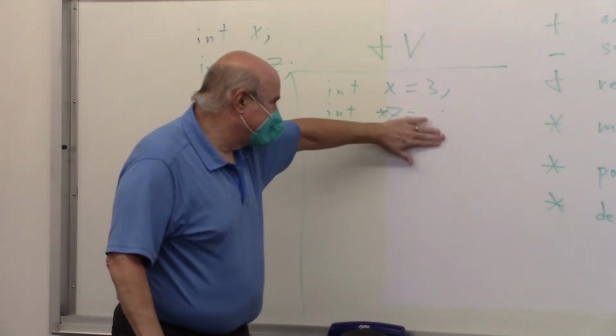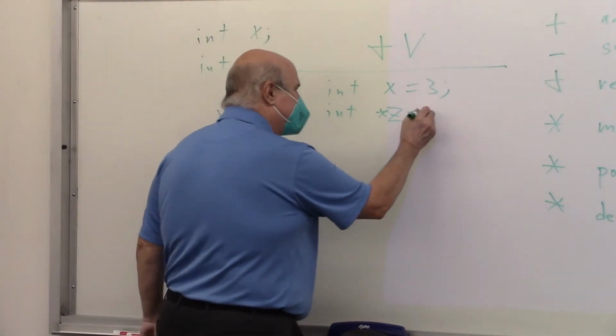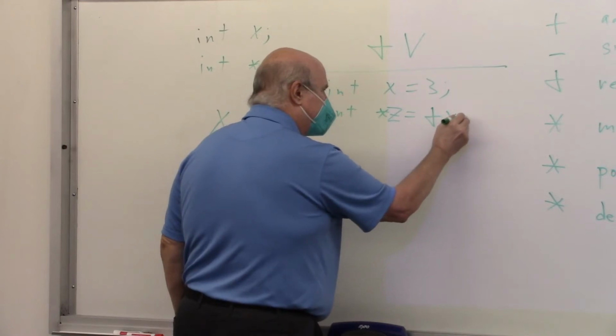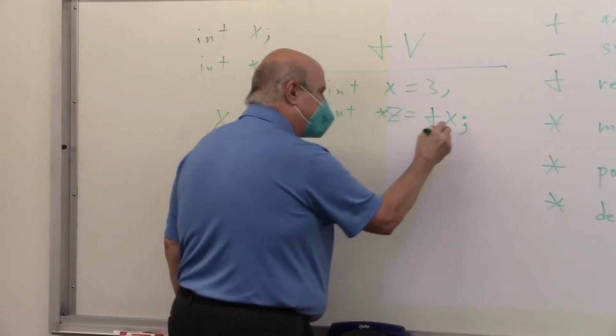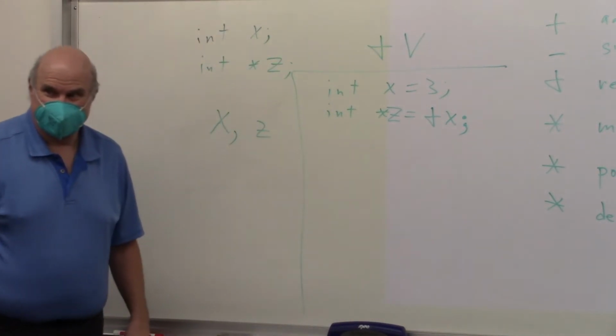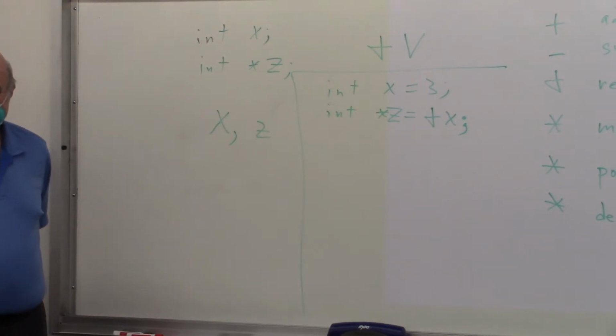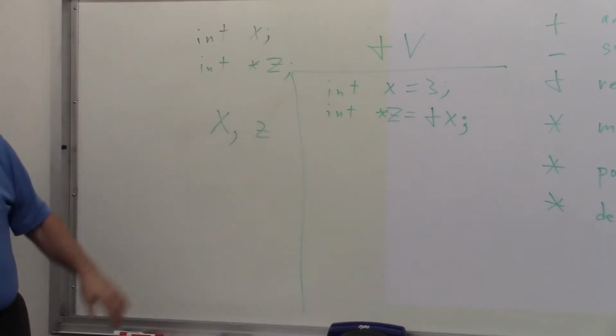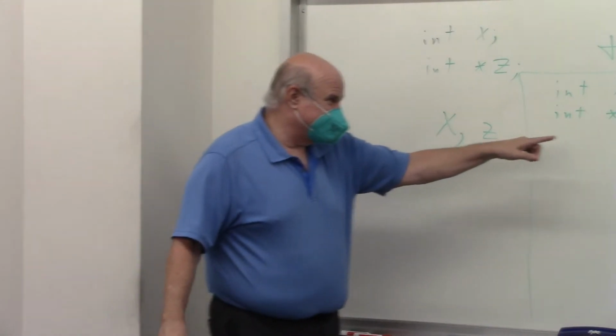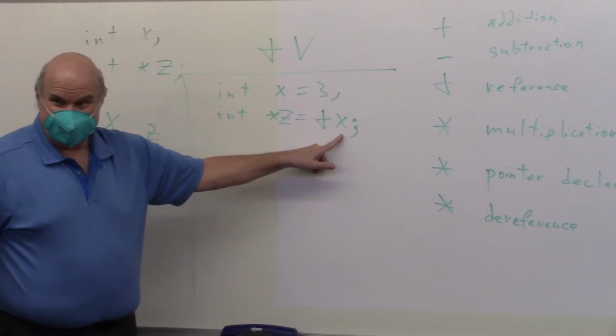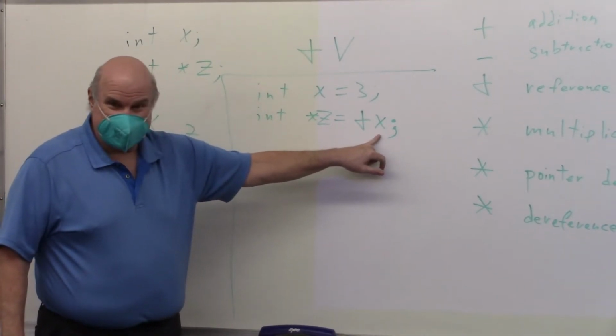Ampersand x. Why? Because then it gives you the reference to x. So when you call the pointer, it'll give you whatever is at the reference of x. Let's save off that last part. You're right about it, but let's just do this, right? Ampersand x says, give me a reference to x.